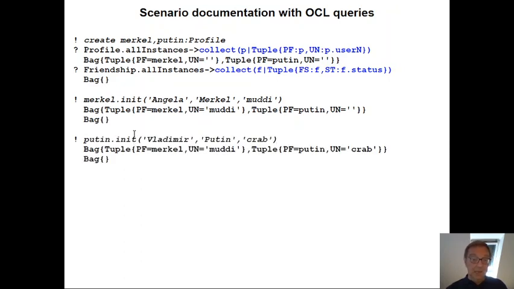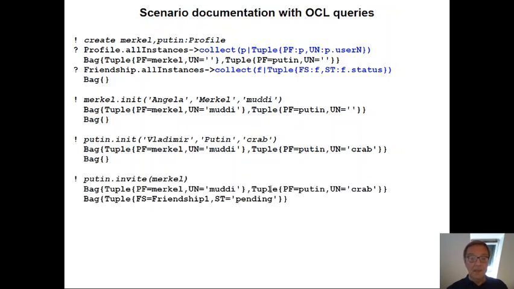When we perform the init operation on Putin, we see the username of Merkel has not changed, but the username of Putin has changed. And when we are doing now the invite, we do not see a change in the result of the first query, Mudi, crab, but now we see a result in the second query.